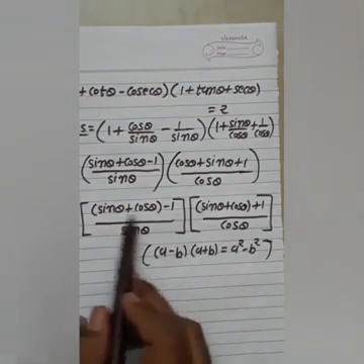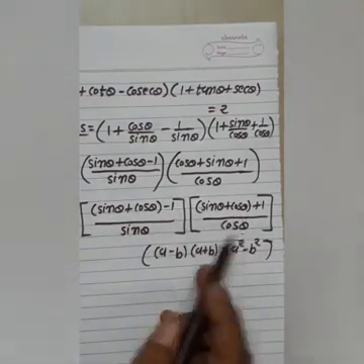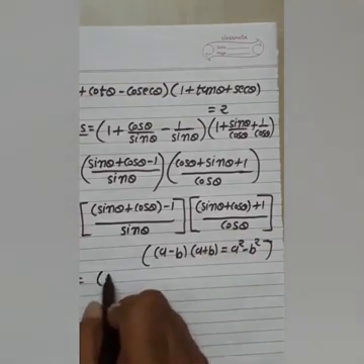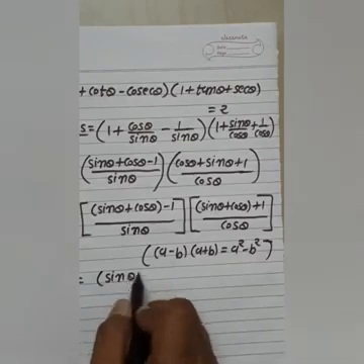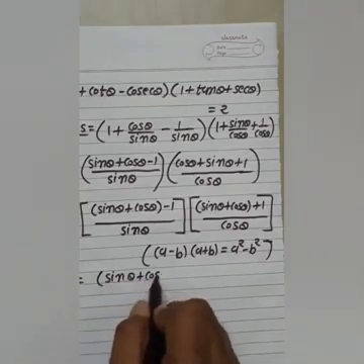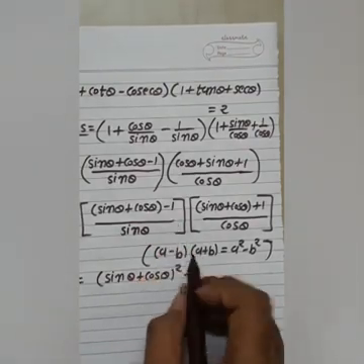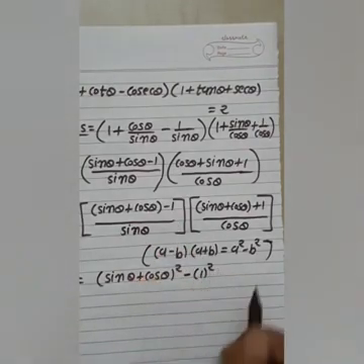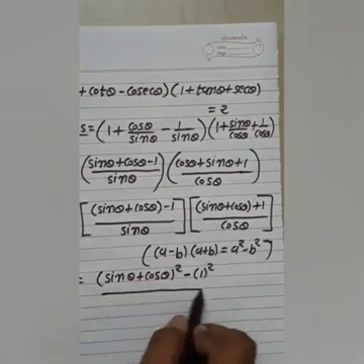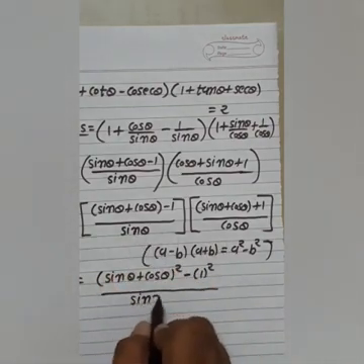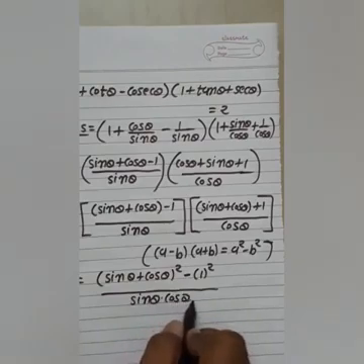So the same identity applies in the numerator. So it is equal to (sin theta plus cos theta) whole square minus b, that means 1 square, upon, in the denominator, sin theta into cos theta.